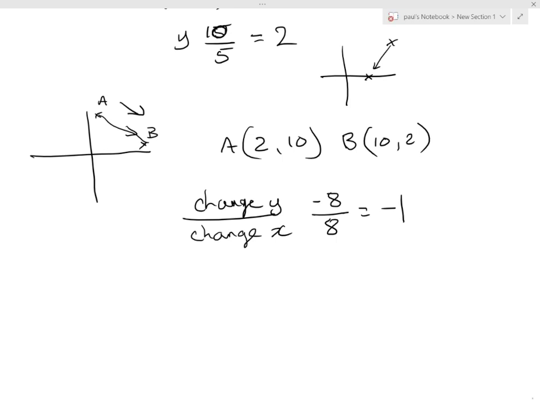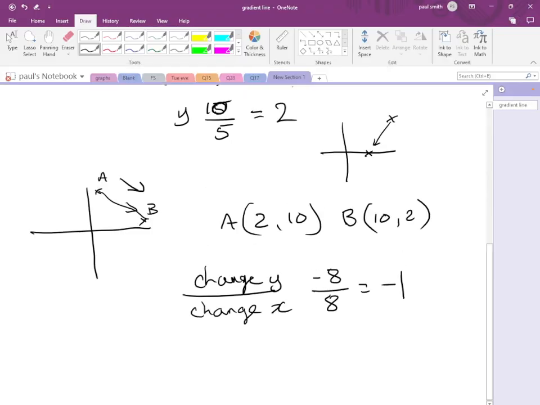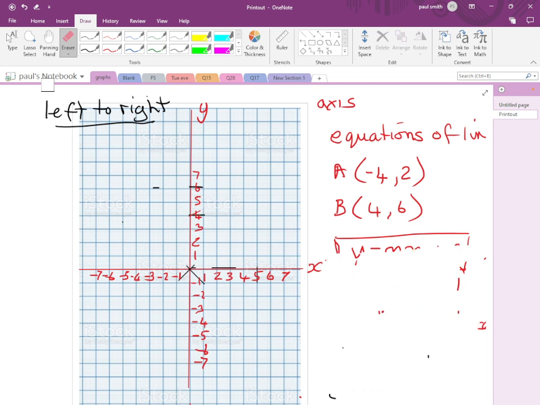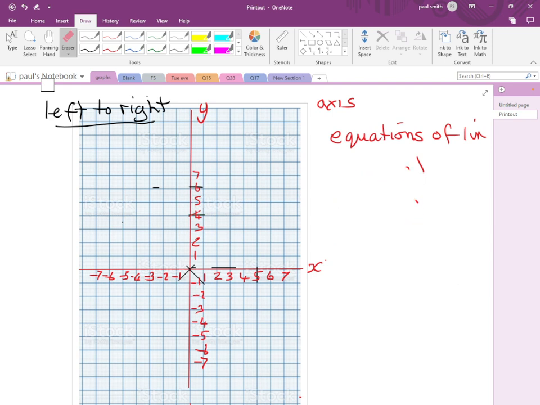Now, let's go back to the graph and wipe this out. And the next bit is going to be the midpoint of the line. Midpoint. And we can do this both with the graph and without.